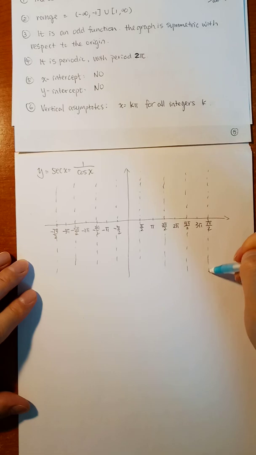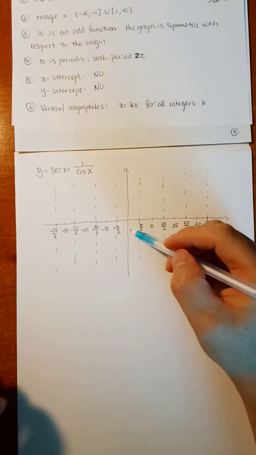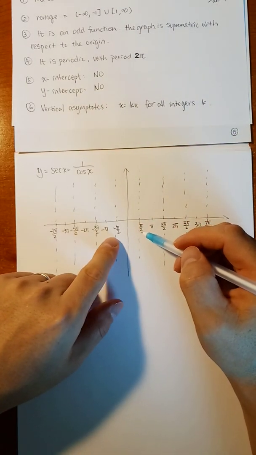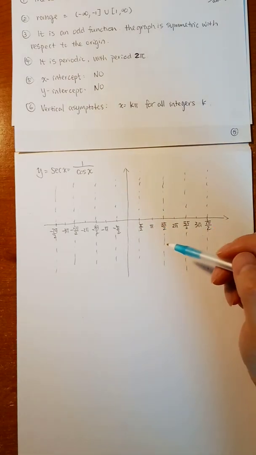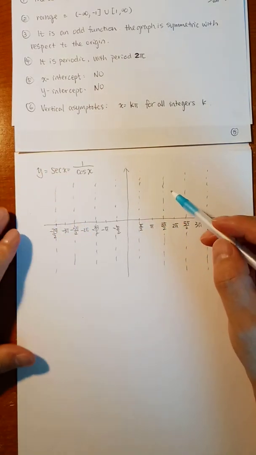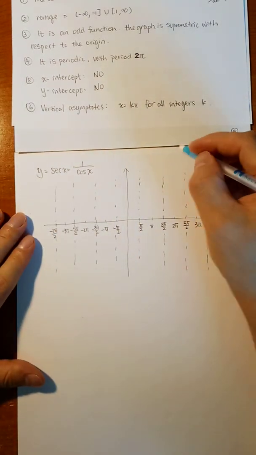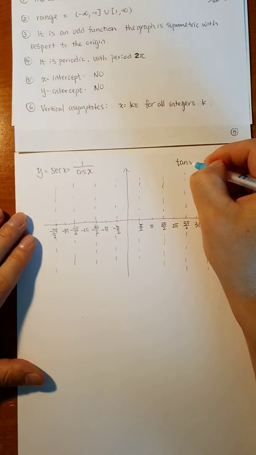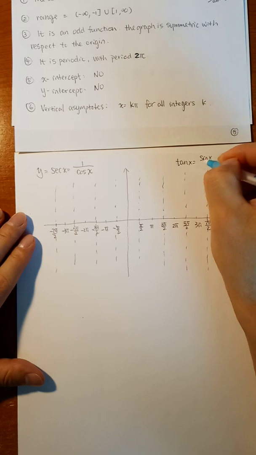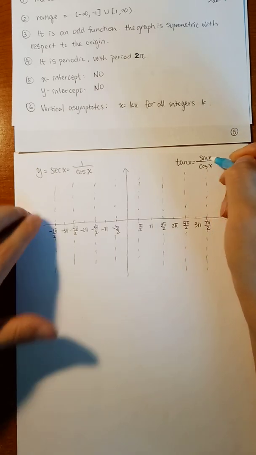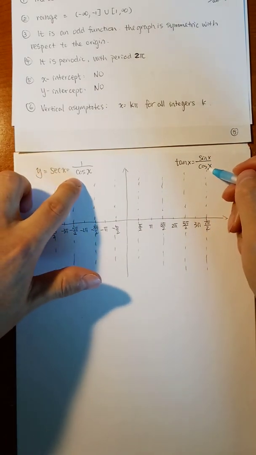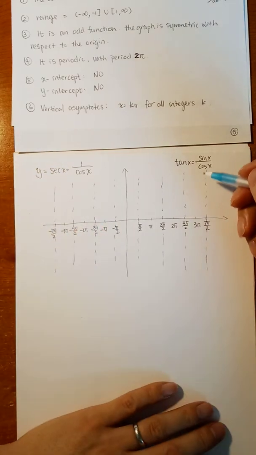Because tangent of x has vertical asymptotes at each odd multiple of pi over 2, the secant function will also have the same vertical asymptotes, because tangent and secant have the same denominator, cosine of x.